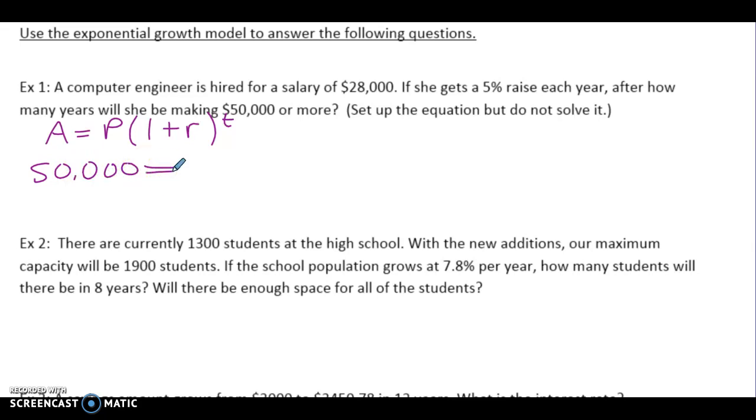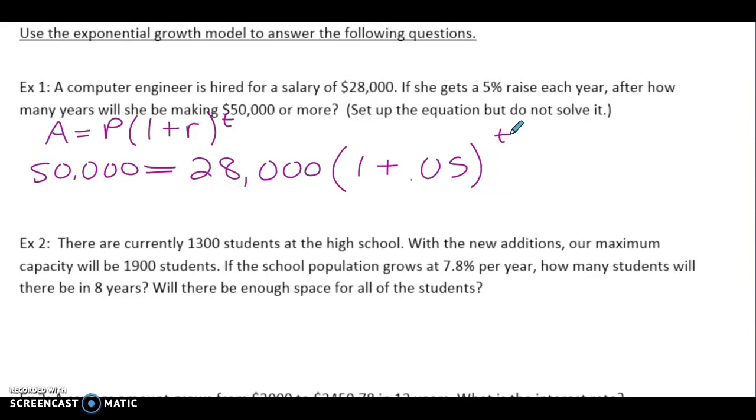And now the principal, how much is she starting with as a salary? 28,000. Times 1 plus 0.05. Now, do we know time? No, we don't know time.